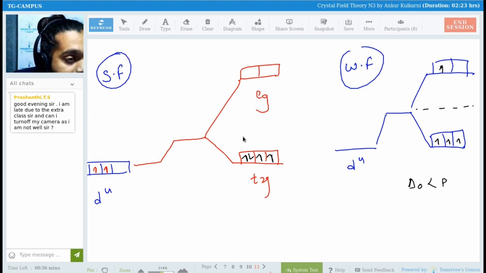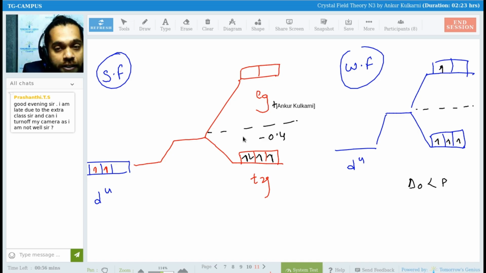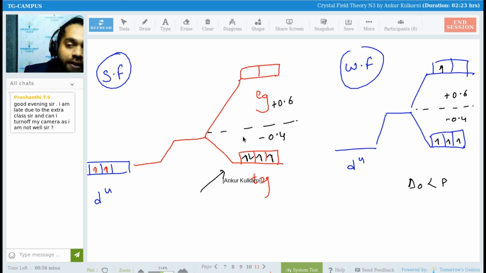Although, understand this, the values are the same. It's split by equal value: this is minus 0.4, this is plus 0.6. But due to strong field and weak field, the electron pairs over here, or the electron goes over here. Is it clear, everyone?